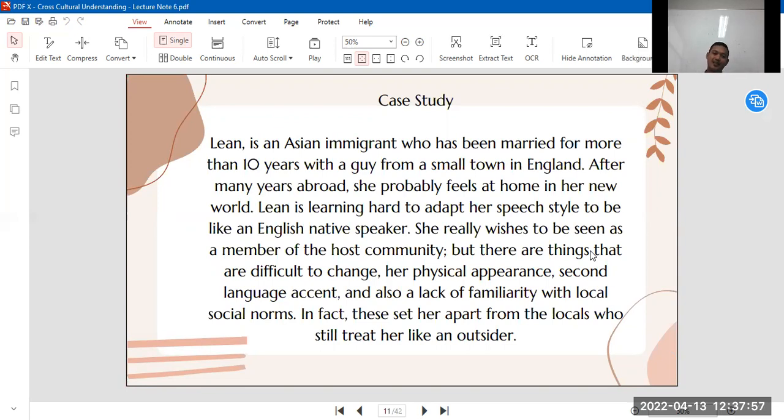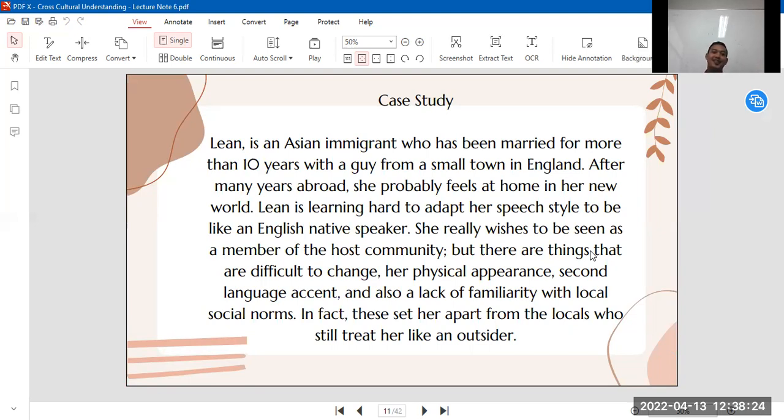So that's why she is trying to adapt the speech style, the language, the intonation, and so forth, with the local people. So she expects to be in-group, a part of the particular groups.